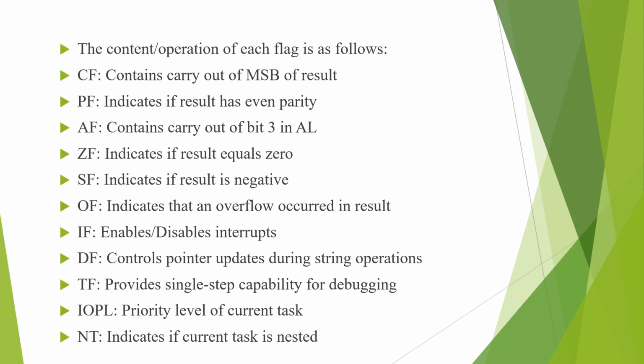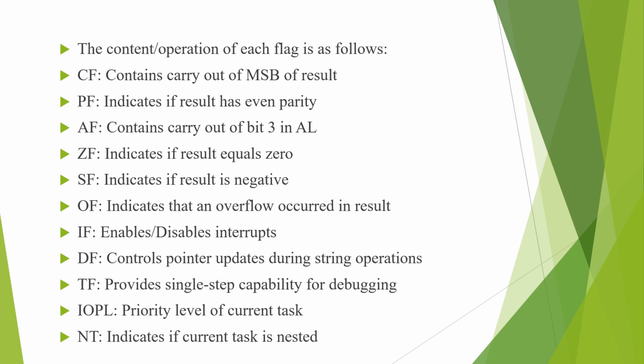This is the meaning of every flag in the EFLAGS register, their operation and their role. CF stands for carry flag. If after execution of any instruction the MSB results in a carry, then this flag is set. PF is the parity flag. If your result has an even number of ones, then this flag is set.